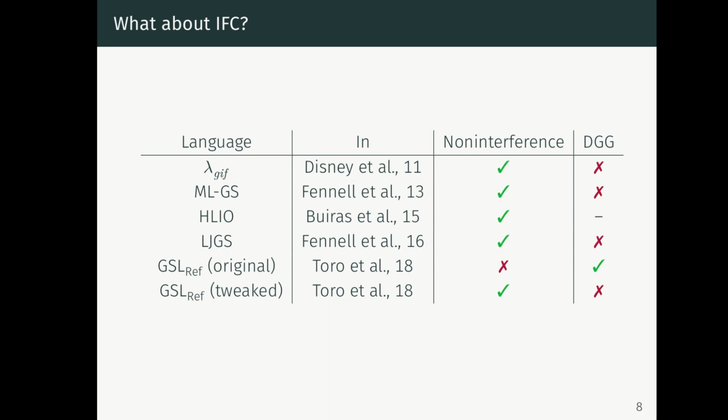Now, this led the authors to speculate that perhaps there was something inherently incompatible between the two properties. But what we found in this work is that this is not the case. Our GLIO language, which I'll present to you in a bit, does satisfy both non-interference and the dynamic gradual guarantee.